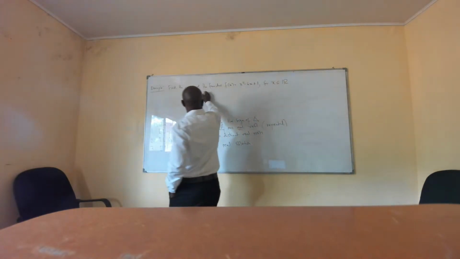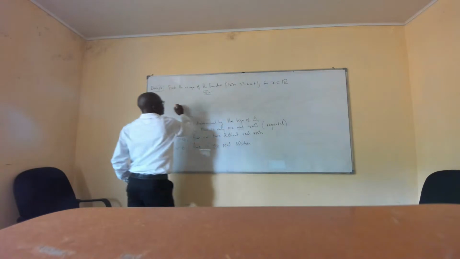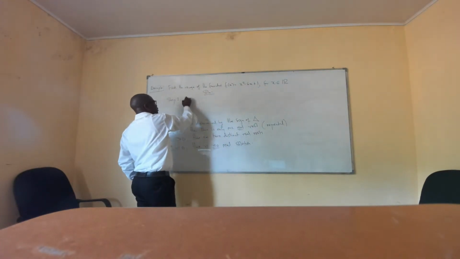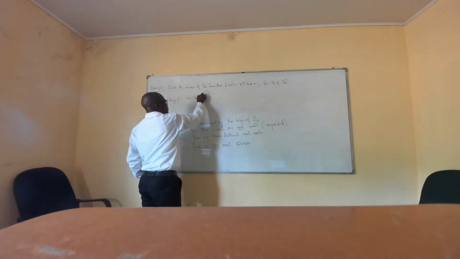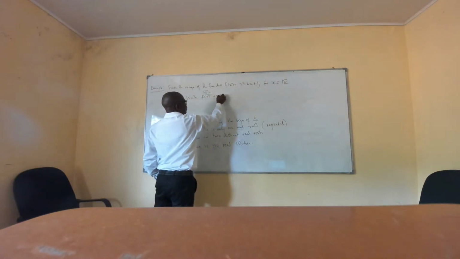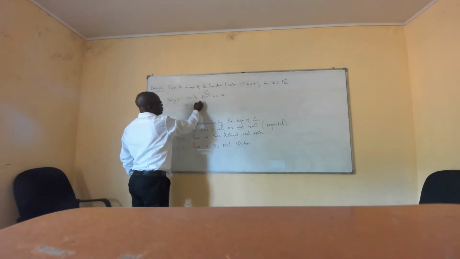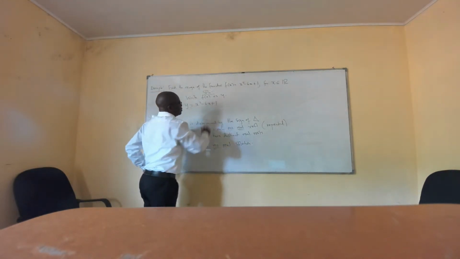So all you can do is, step 1, write f of x as y, so that you have y equals x squared minus 6x plus 1.